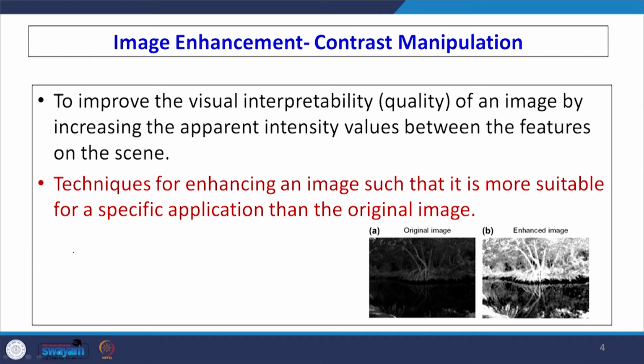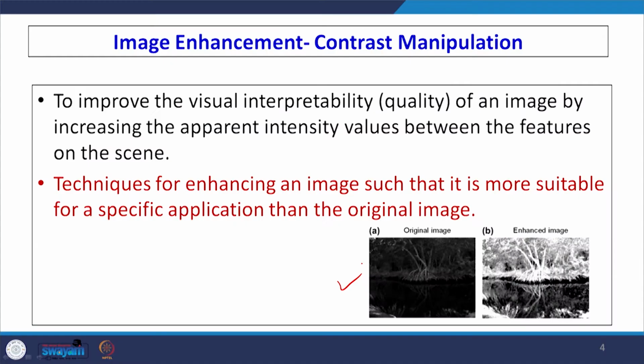I have to improve this contrast ratio so that my image occupies the whole range of the DN values. As we know, in 8-bit data sets there are 256 gray levels, 0 to 255. If all the gray shades are present in the image, my image is considered to be the best as far as its visual quality is concerned.